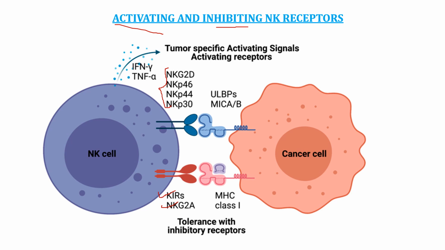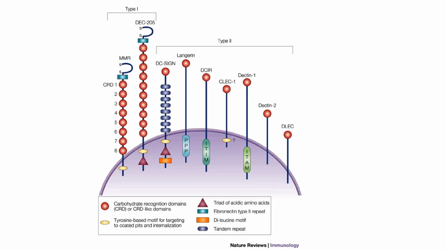Now both of these receptor groups also fall into structural categories: membrane with a lectin-like extracellular region and membrane with an immunoglobulin extracellular region. They have different extracellular regions. Lectin is a protein that particularly binds to carbohydrates. However, the lectin-like receptors of NK cells bind to proteins rather than carbohydrates.